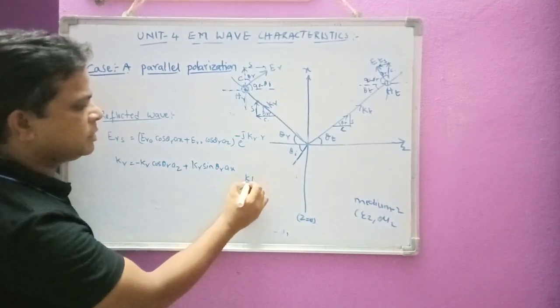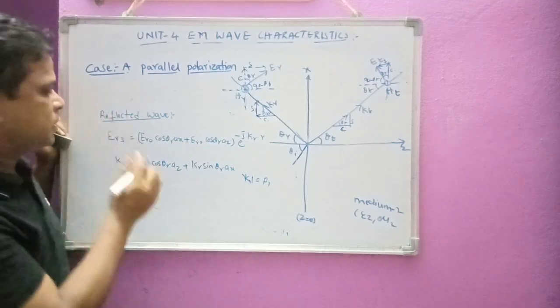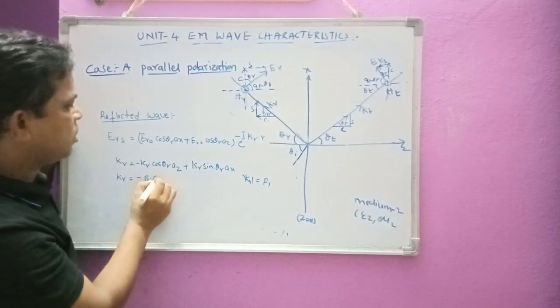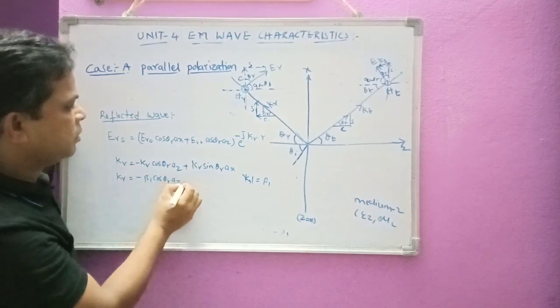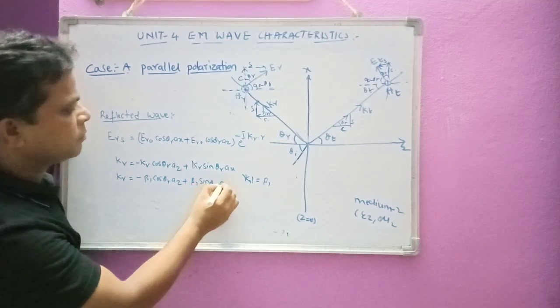Now mod k_r is equivalent to β1 only, because it is in medium 1. So I can substitute k_r equals minus β1 cos θ_r a_z plus β1 sin θ_r a_x.